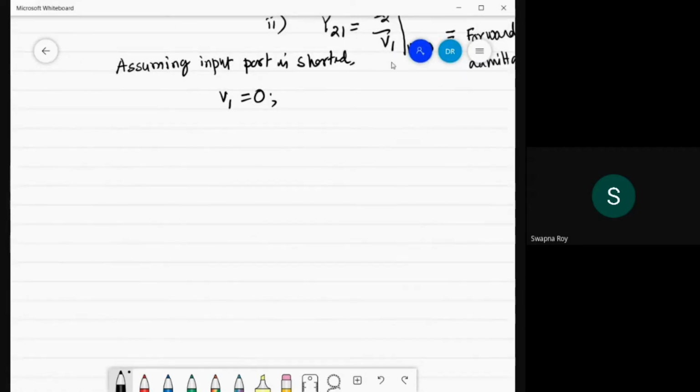So the value of Y12 is equal to I1 by V2, when V1 is equal to 0. We call it forward transfer admittance. No, this is not forward transfer admittance, it is reverse transfer admittance. Just a minute.